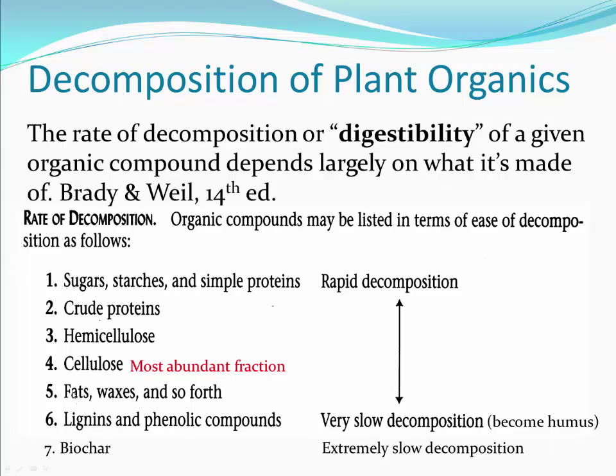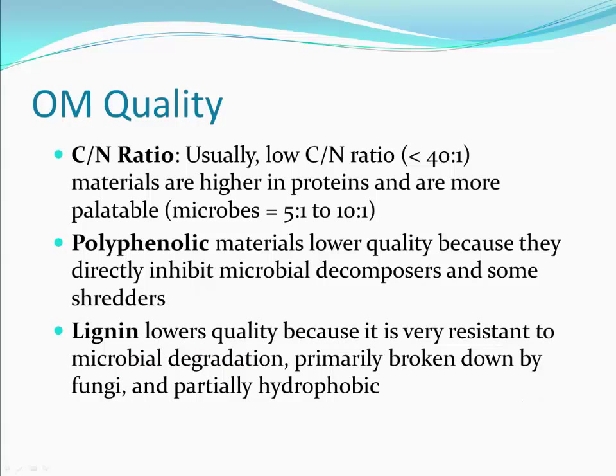And then we have fats, waxes, and other compounds. And then materials number 6 and 7 turn into the humus fraction of the soil: lignins and phenol compounds, and these are polyphenols actually, and then biochar. So the rate becomes extremely slow as you get lower down on the chart.